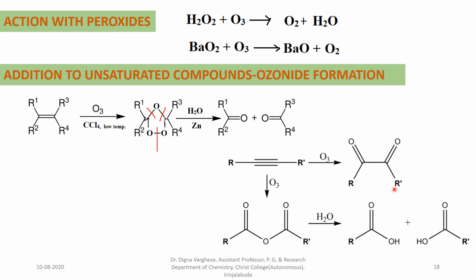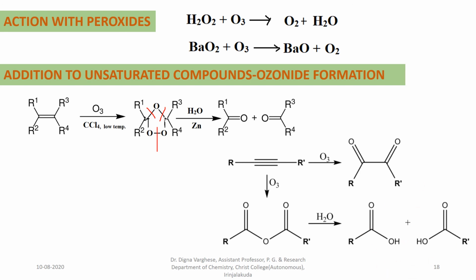It undergoes oxidative cleavage to a mixture of carboxylic acids by the hydrogen peroxide formed in the reaction. So when an alkyne reacts with ozone, it forms first an ozonide and then it undergoes reductive hydrolysis to give a dicarbonyl compound, which in turn undergoes oxidative cleavage to a mixture of carboxylic acids.